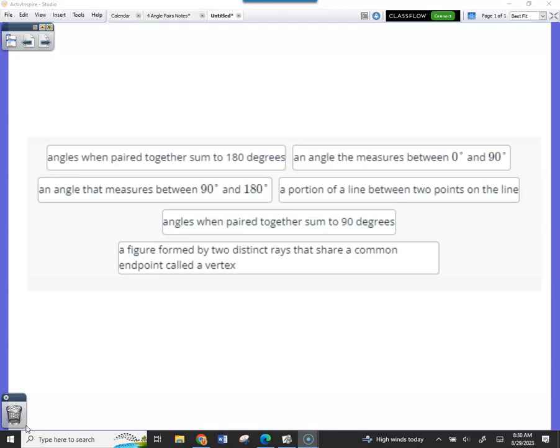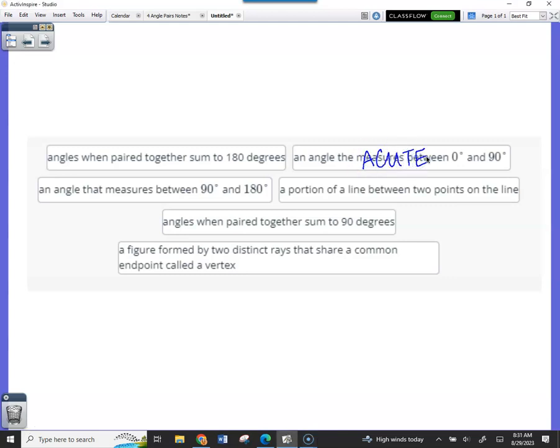Now, you don't know all of these up here, but you do know some of them. So let's refresh your memory. If an angle measures between 0 and 90, it's anywhere between 0 and 90, you've got to visualize that. It would be what type of angle? Acute.